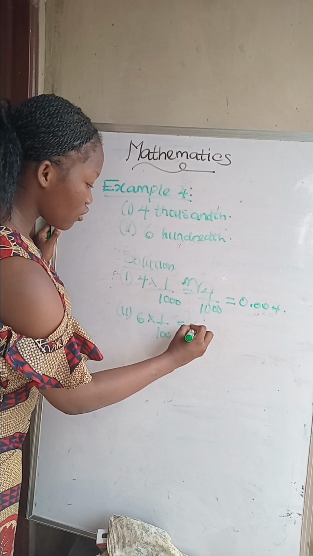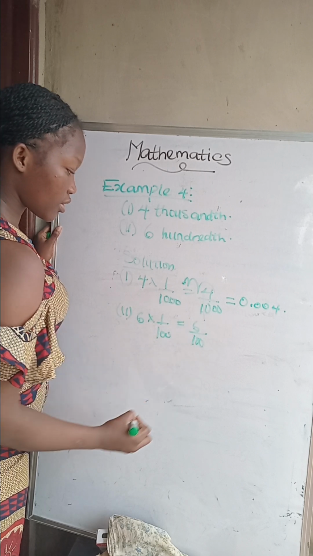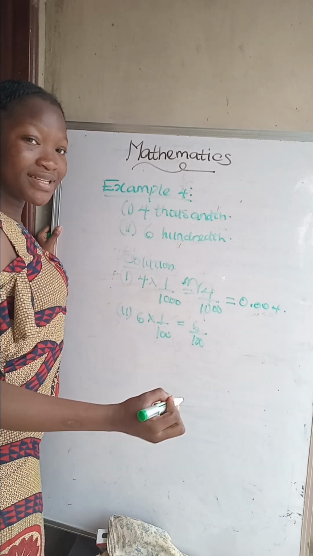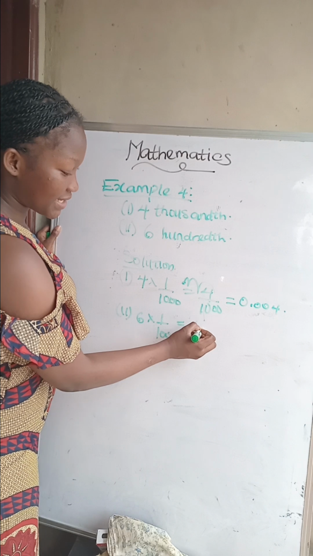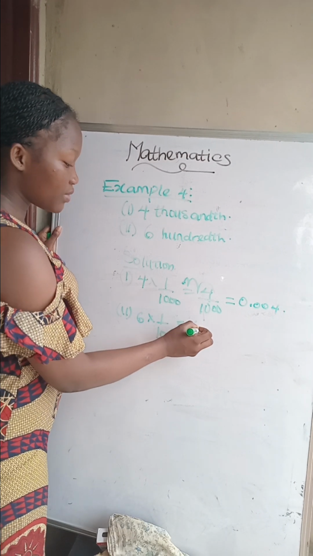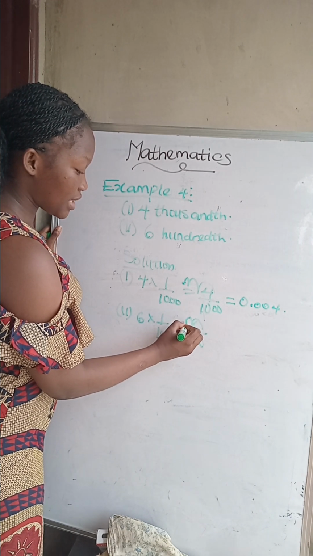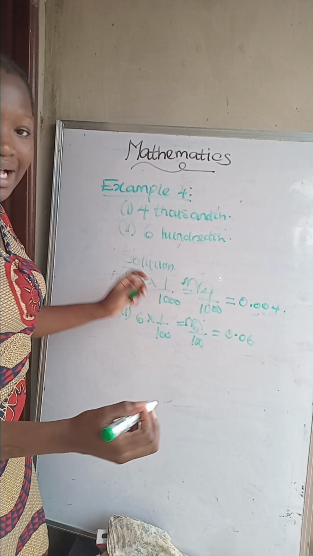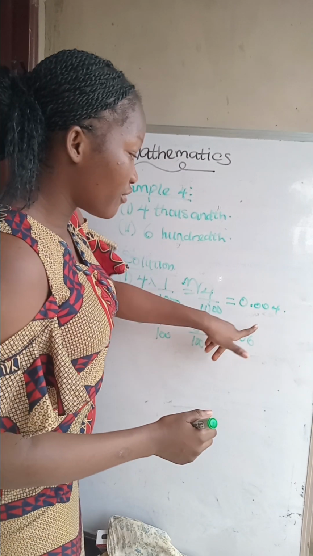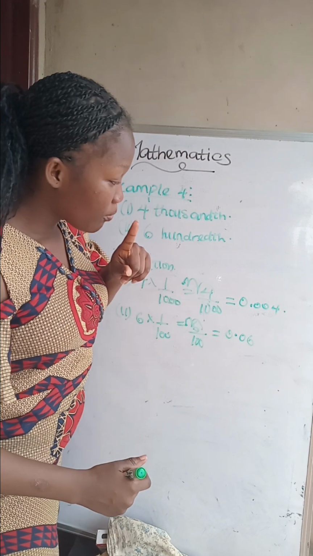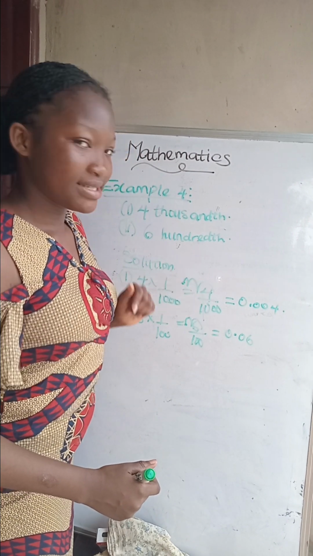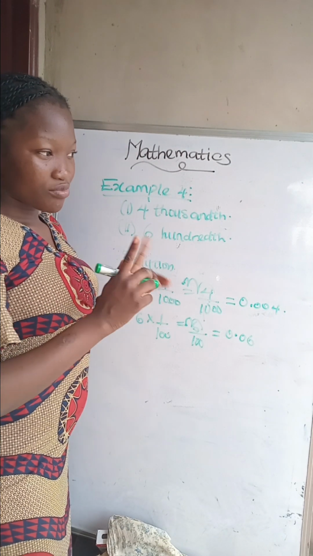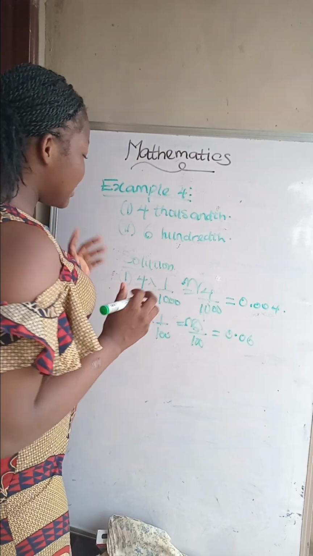That's 6/100. So you move your decimal point the number of zeros. We have 2 zeros, 1, 2. So we have 0.06. Now these are small numbers. If I minus 1 from this one, you have 0.096. Yeah, 0.096. So that's how it is.